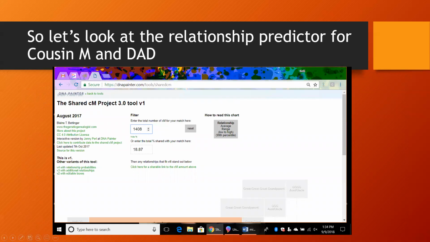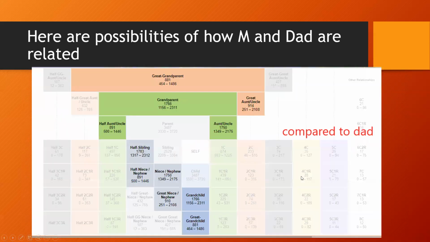So when we do that, the relationships that show up is this set of relationships for cousin M compared to dad. Now, if I would not have done the shared matching and had mom and dad's kits for the tester, I wouldn't have known whether it was mom's side or dad's side necessarily. But fortunately, I had both. And so now I'm comparing her to dad.